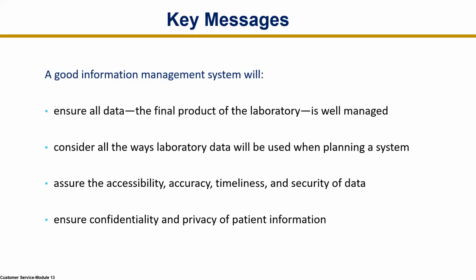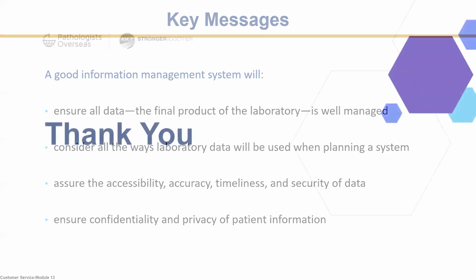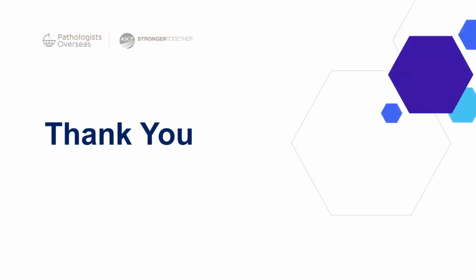And that's the whole point of why we need to manage our patient information. It makes sure it is accurate, accessible, confidential, and it remains private. With that, that concludes our session. Before we go to the case, if I have any questions, I'm happy to take some.